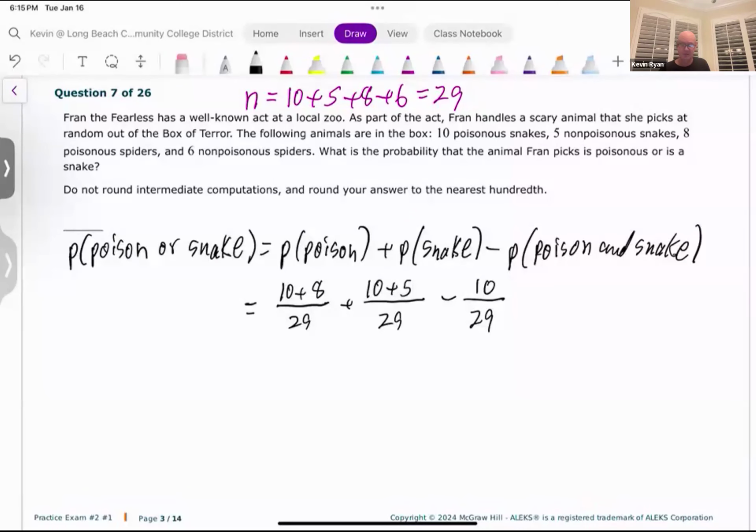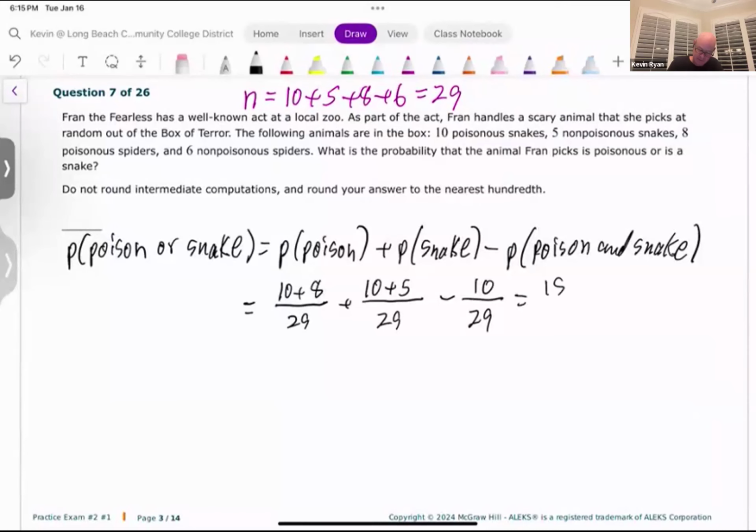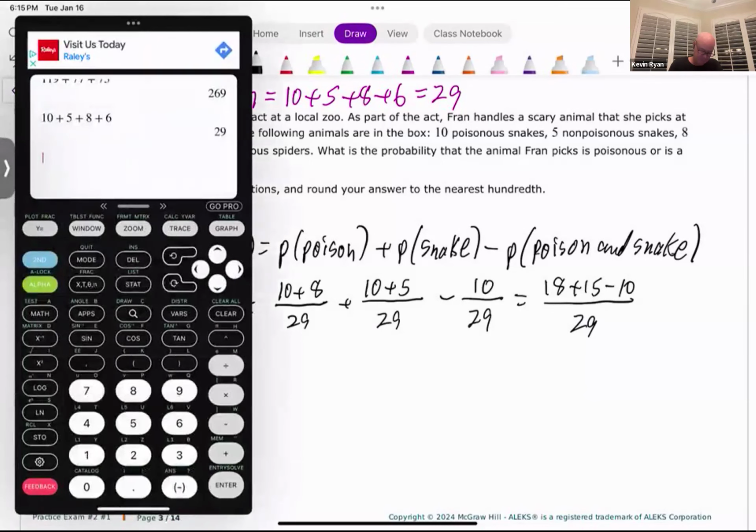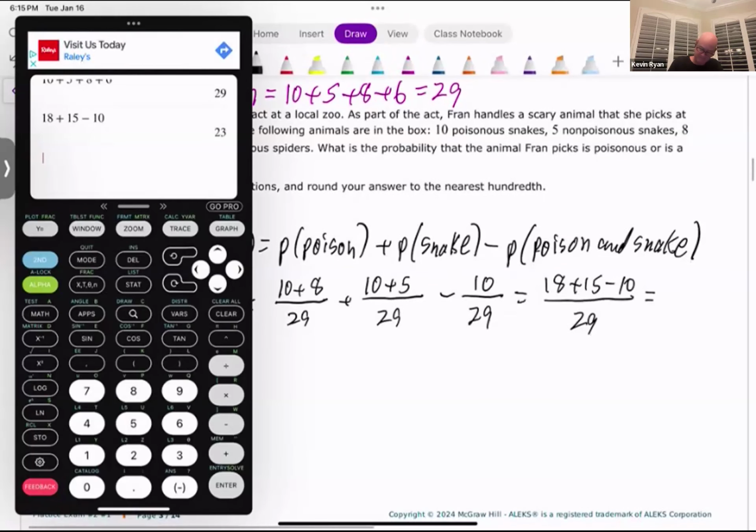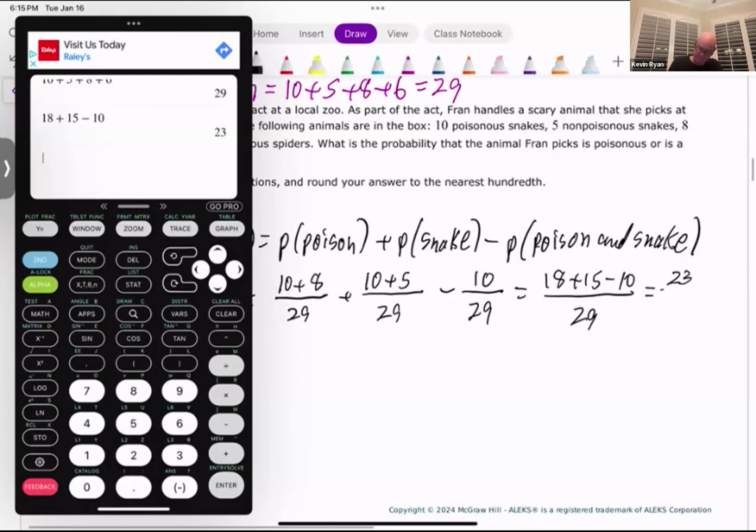We double counted that. And they want us to round it to the nearest hundredth.